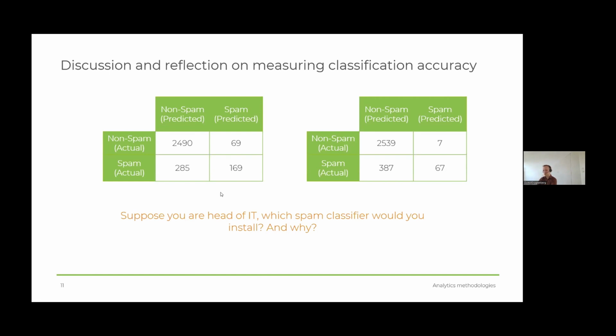My question to you is, which of these classifiers, classifier A on the left or classifier B on the right, which of these would you prefer? Just have a think. Maybe if someone can put something in the chat and give a reason why you would like to use spam classifier A or B?